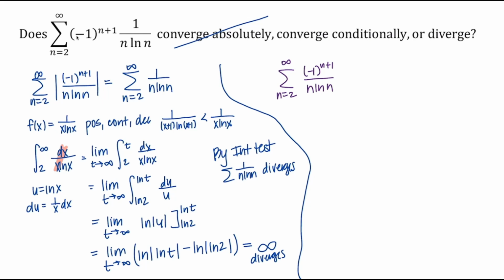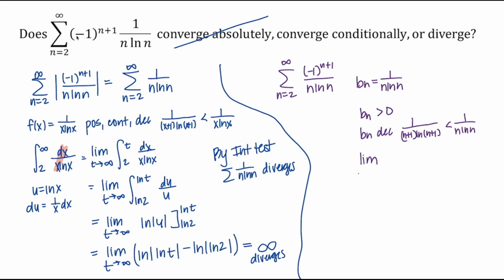So this is alternating. So let's peel off that b sub n part, 1 over n natural log n, the part that doesn't have the alternating factor in it. And let's recognize that this b sub n is greater than 0. b sub n is decreasing because, again, 1 over n plus 1 natural log of n plus 1 is less than 1 over n natural log n.